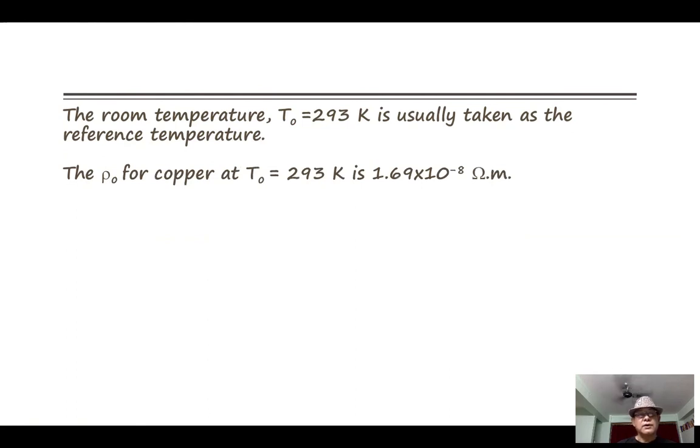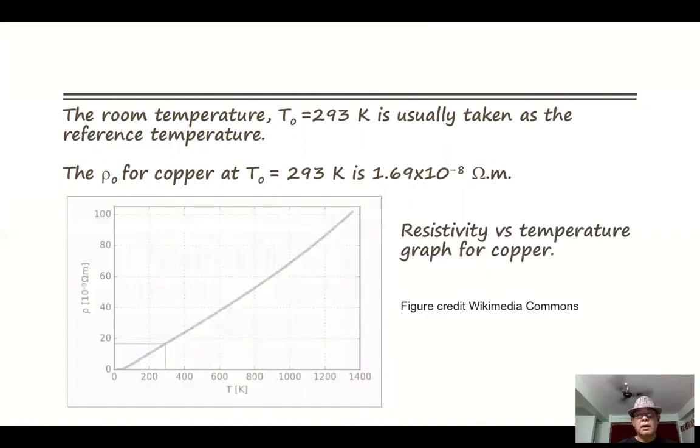The rho naught for copper at T naught equal to 293 Kelvin is 1.69 into 10 to the power minus 8 ohm meter. This is a graph showing resistivity versus temperature for copper. The figure credit: Wikimedia Commons.